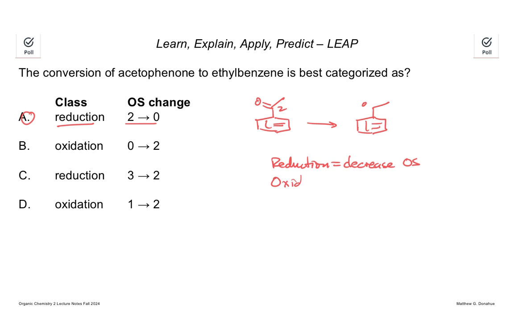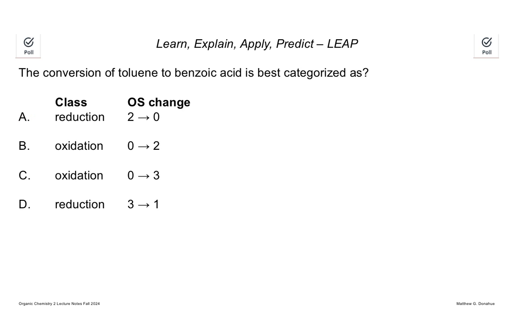An oxidation is an increase in oxidation state. And so you're, again, counting the bonds to the heteroatoms, and then what is the change? Does it increase or decrease? What about toluene to benzoic acid?